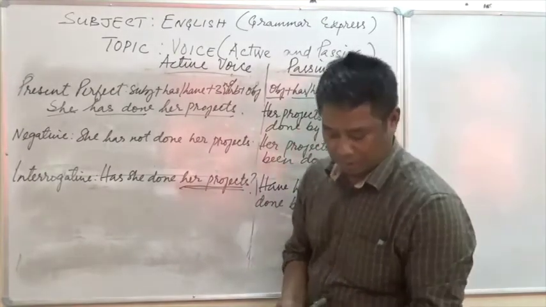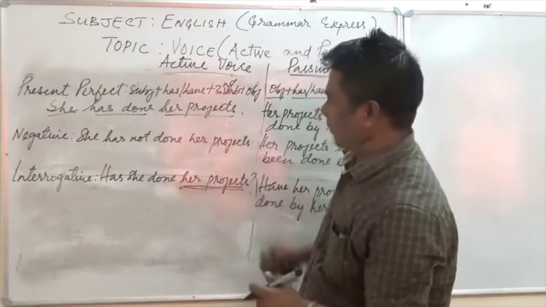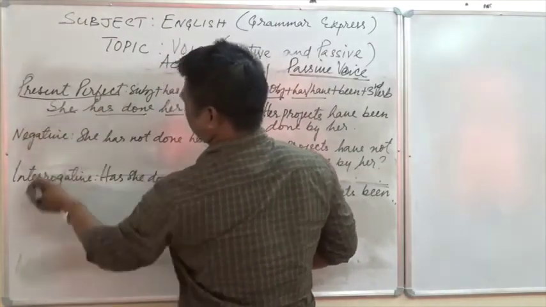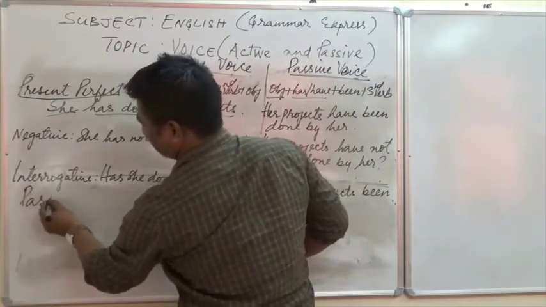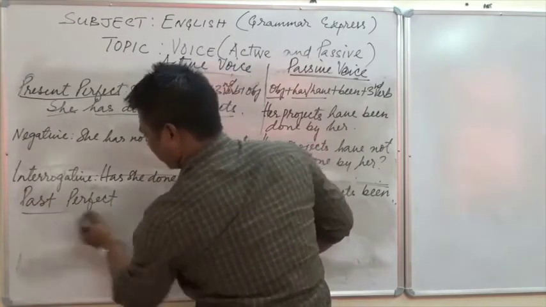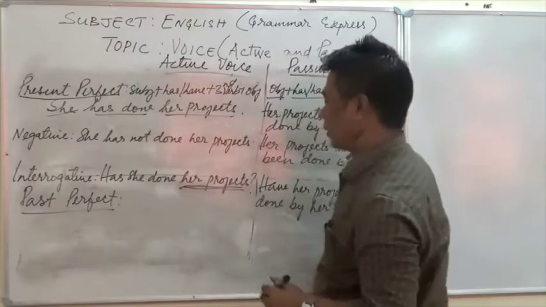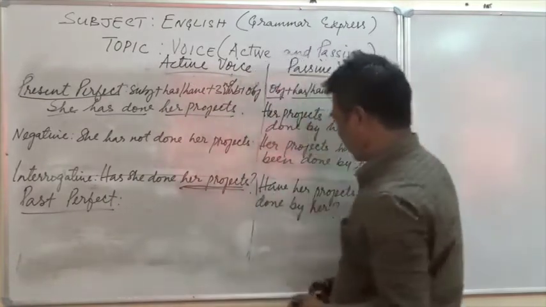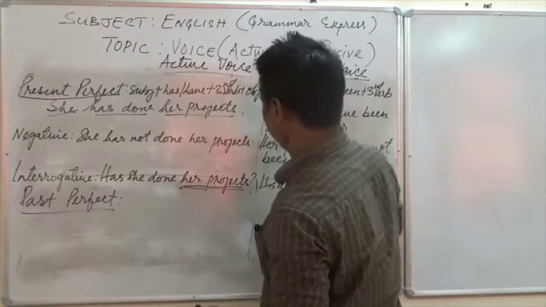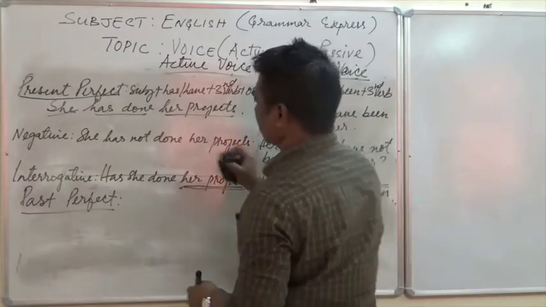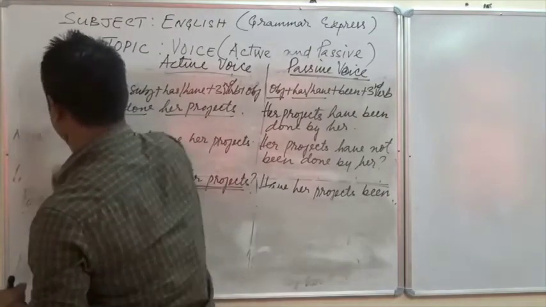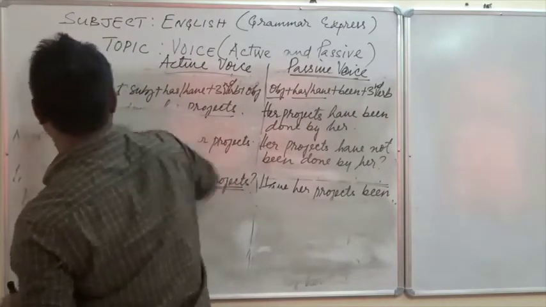Now past perfect tense. Past perfect tense. Now we go to past perfect tense. Okay, past perfect tense. Okay, let me rub away all so that it's clear.